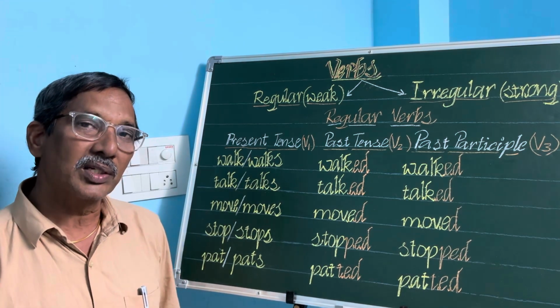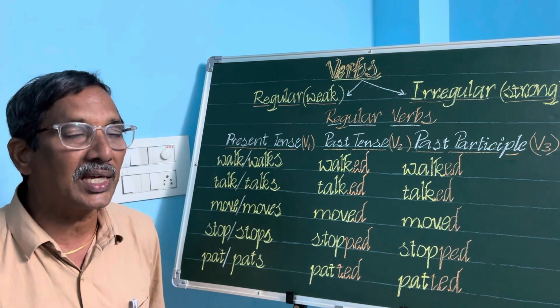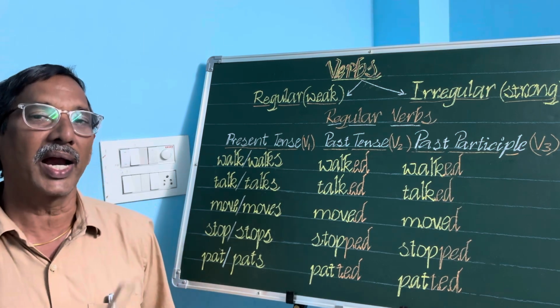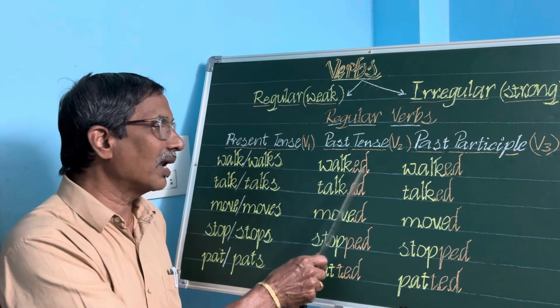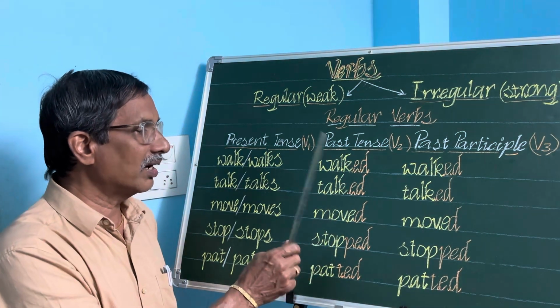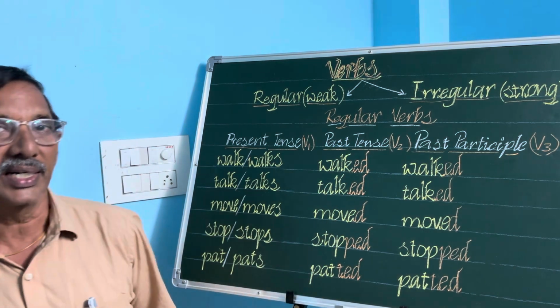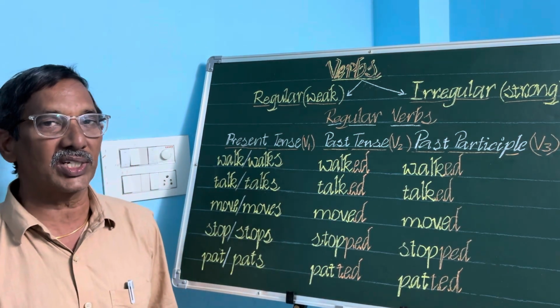For regular verbs, the past tense and past participle can easily be identified by observing the end part of the verb, whether it is ed or sometimes d. We will talk about irregular verbs in our next session.